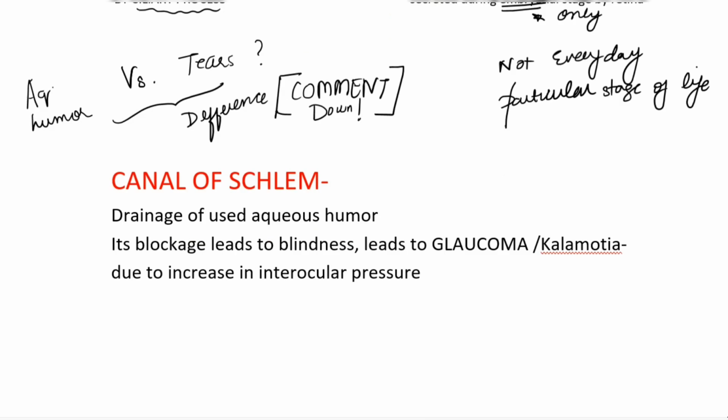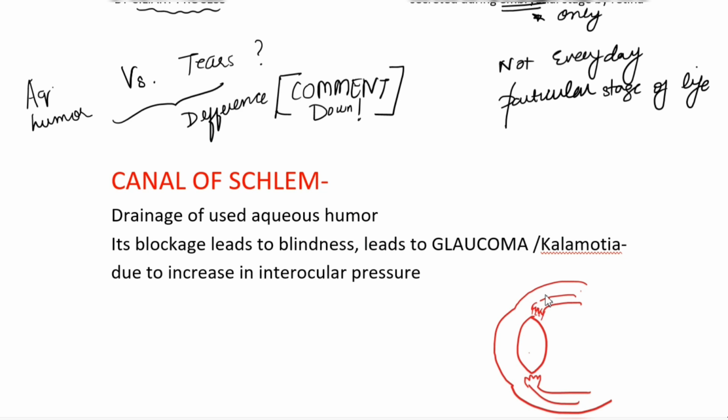So here let me draw. There is a canal known as the Canal of Schlemm. The Canal of Schlemm is responsible for the drainage of aqueous humor. That is, it helps in draining out the excess of aqueous humor. So when this Canal of Schlemm is blocked, it leads to blindness.